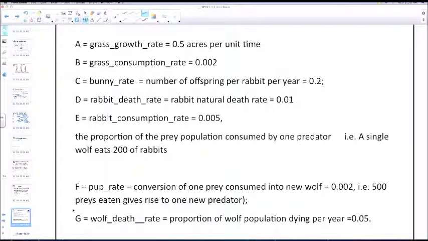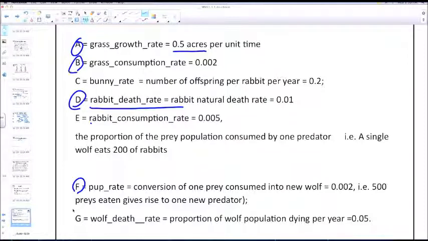And the new parameters: E is actually the D, the rabbits' death rate. We did not put in the birth rate, we separated that into the natural death of the rabbits. And A is the new one, the grass growth rate, 0.5 per unit of time, depending on how many acres of grass survived.